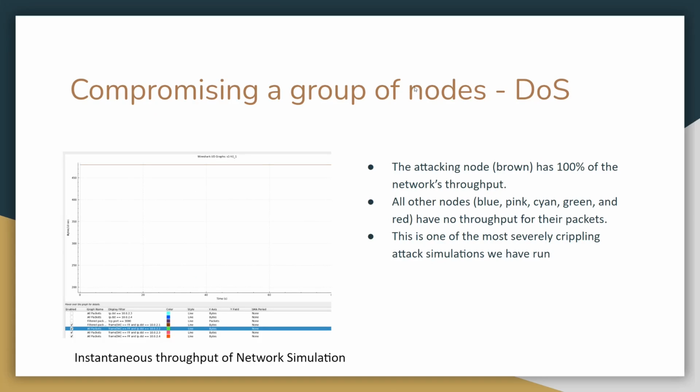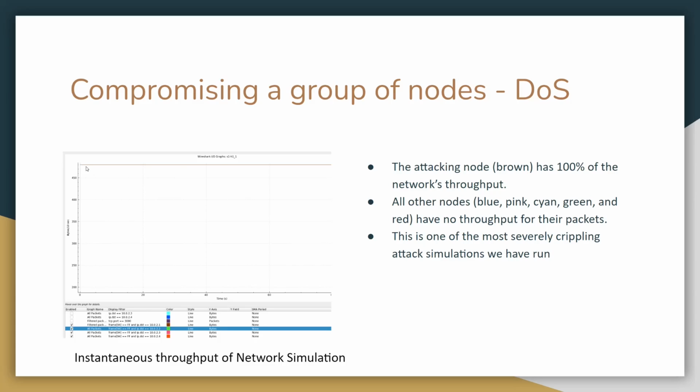So here we have compromising a group of nodes, the denial of service portion. There's not much color, there's not much of anything in this picture, to be honest, because we set it up so that every node drops traffic from every other node but the attacker.